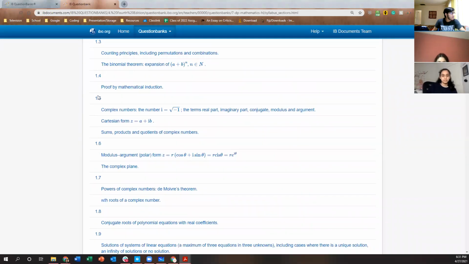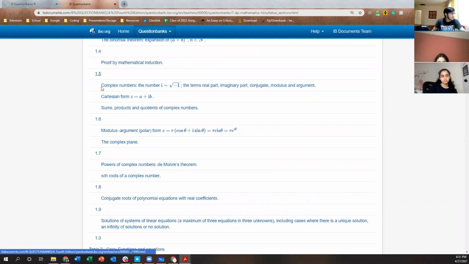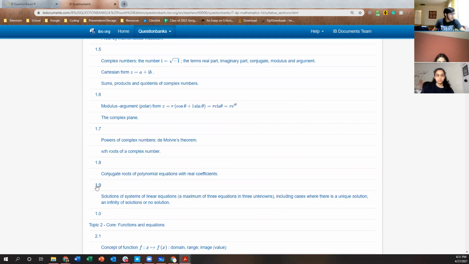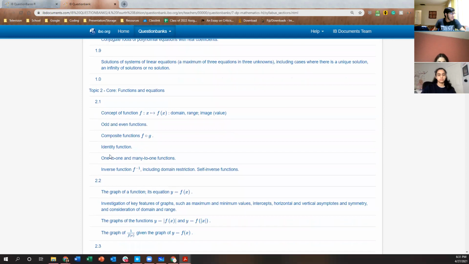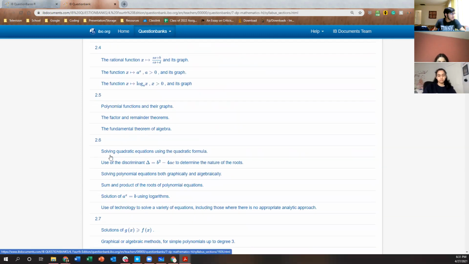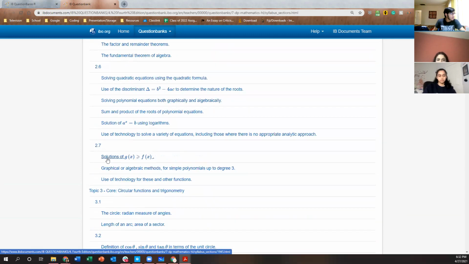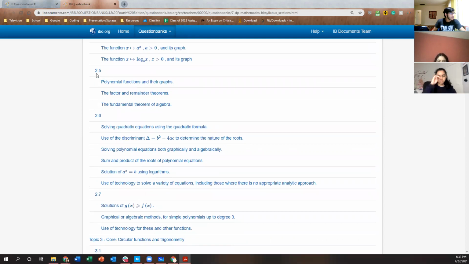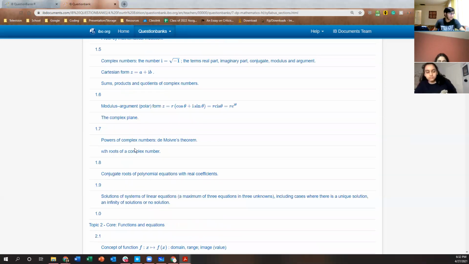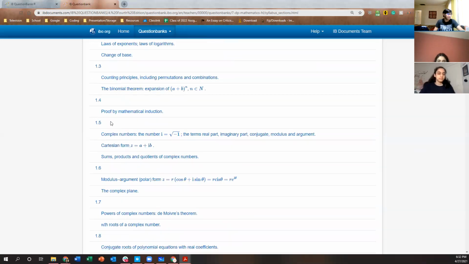Okay, I'm going to do one problem at random from 1.5, then 1.6, 1.7, 1.8, probably not 1.9 because that's systems of linear equations. Then we also need to do polynomials, right? Polynomial functions and their graphs, and then maybe 2.5 and 2.6. If you need to leave early, that's perfectly fine. I'll just go through one at random for each.